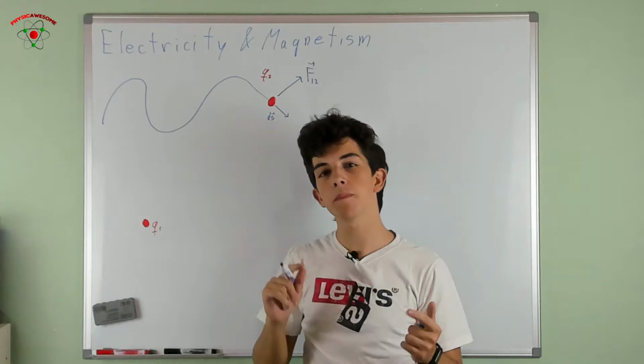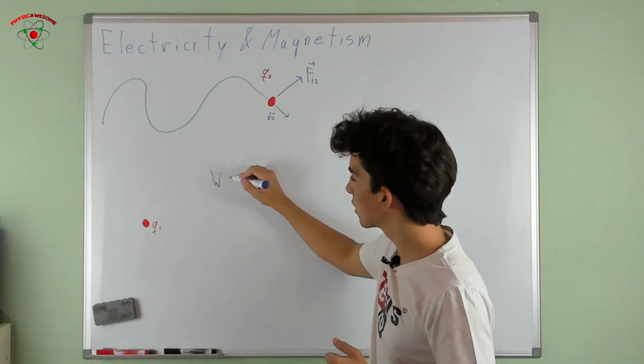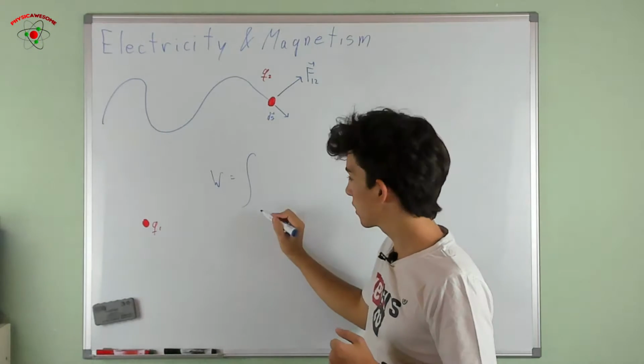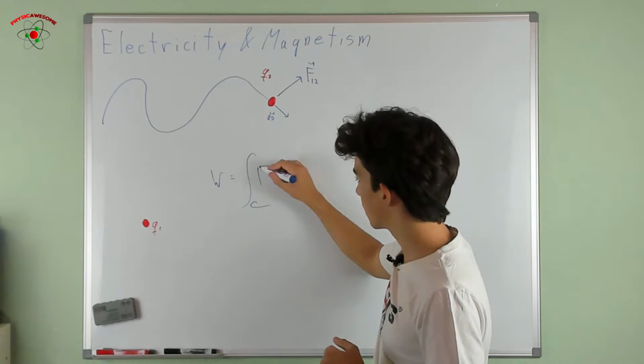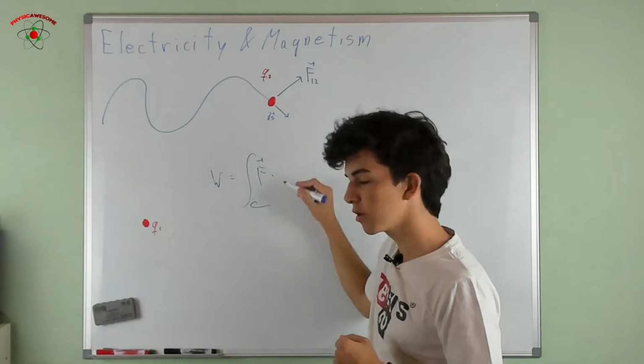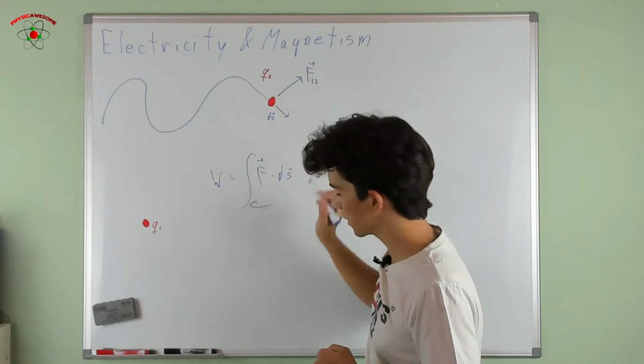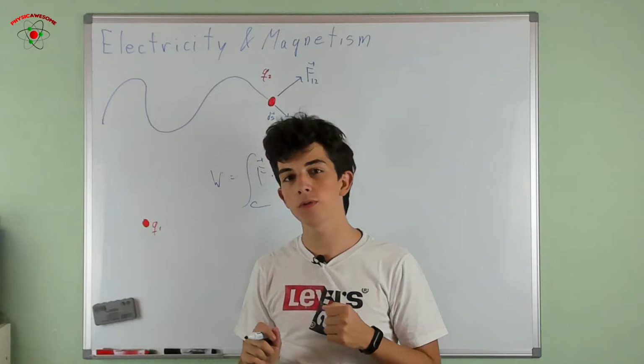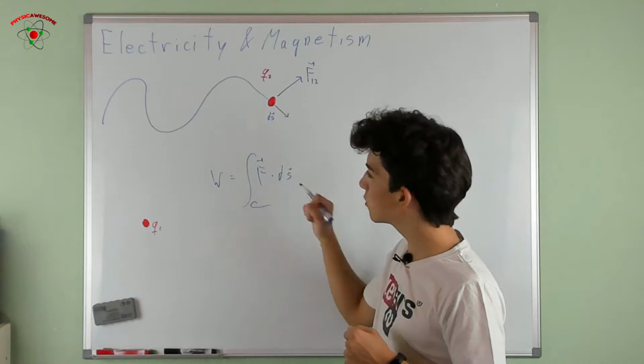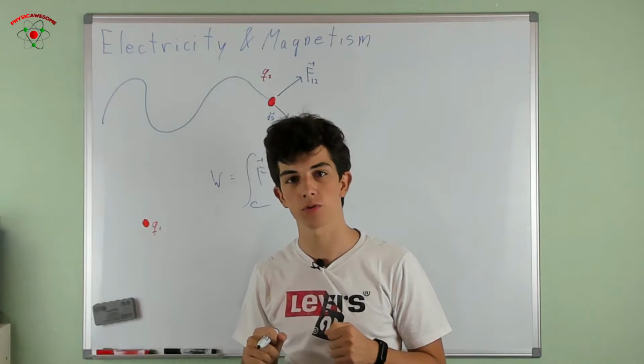Now, we remember that work equals the integral in a path of the force dot product with the displacement. Therefore, we need to understand the different components that this displacement is going to have.